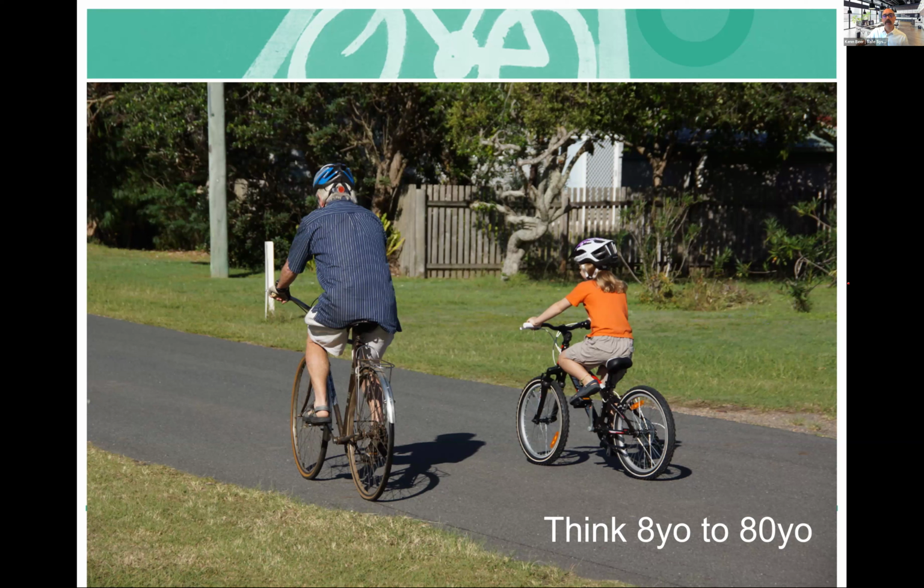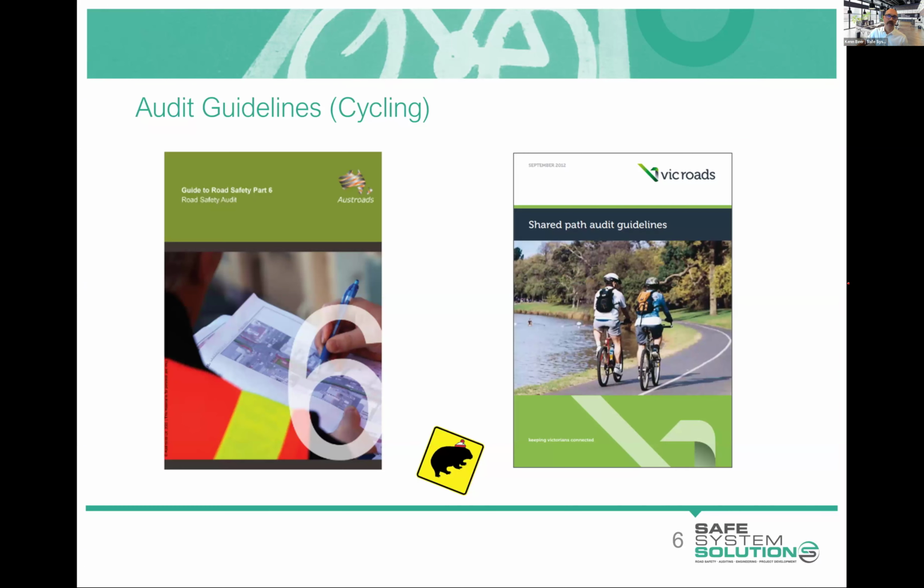We also have the emergence of cargo bikes, so people transporting stuff on bikes. We have e-bikes coming into the mix, which changes the dynamic slightly. So there is quite a varied cohort when it comes to thinking about cyclists. And our challenge often as auditors is to navigate through that little bit of a web there.